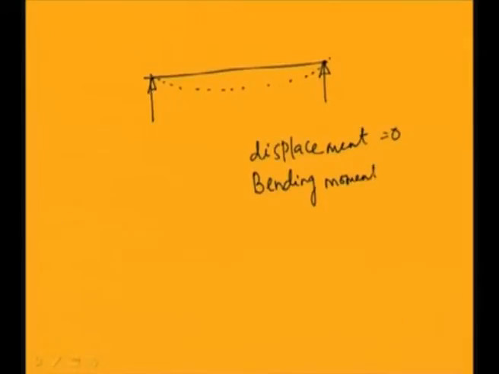If I write the displacement as y, then the bending moment is proportional to d square y by dx square, and this bending moment can be written as EI d square y by dx square.